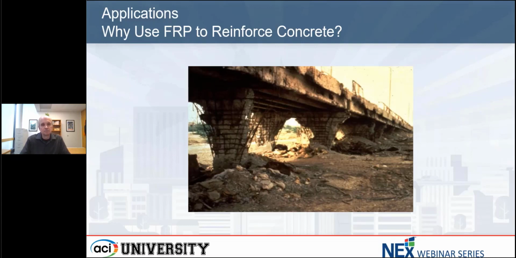looked like this. So if you live in an area, maybe a coastal area that's exposed to a lot of salt water, or if you live in a northern climate where a lot of de-icing salts are used on roadways, reinforced concrete starts to look like this, and hopefully it doesn't look quite as bad as this particular structure does.